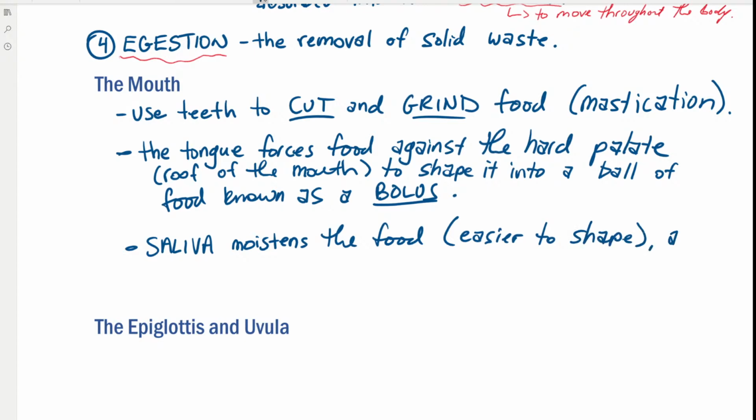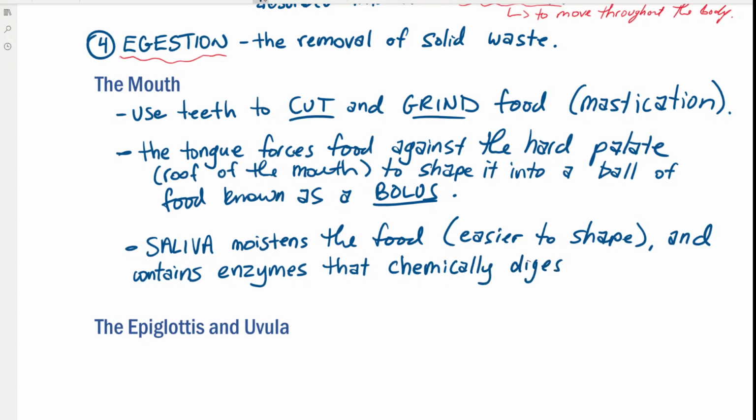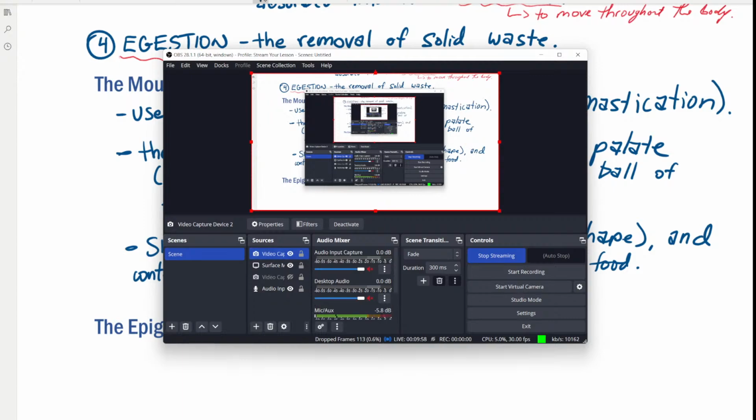But it also contains chemicals known as enzymes, which begin to break down the molecules inside of food. And this is called chemical digestion. So chemically digest food.